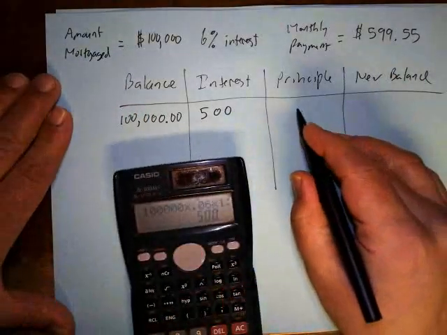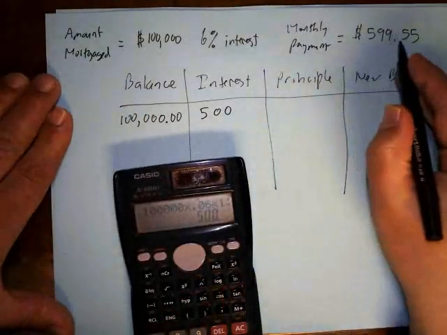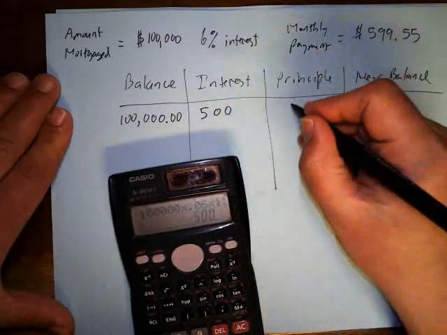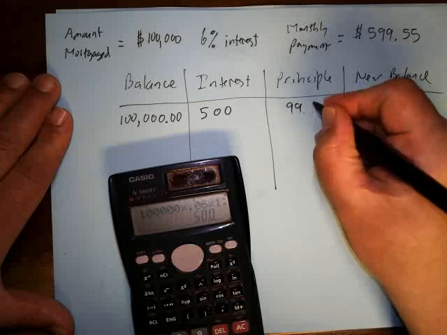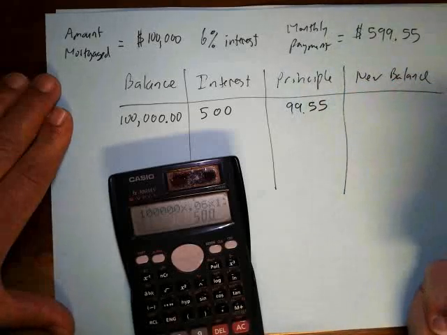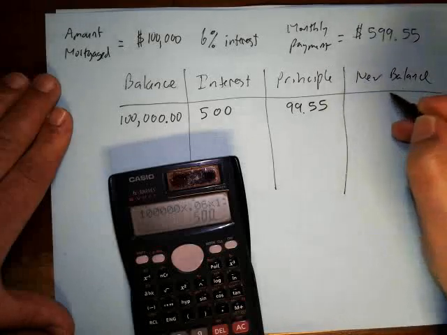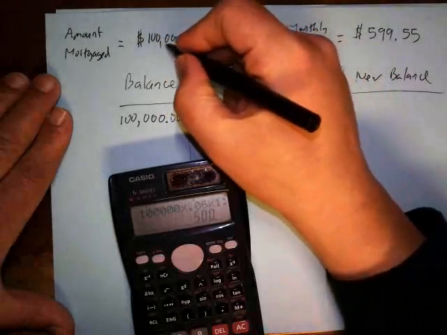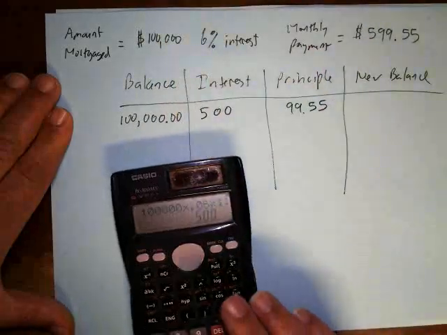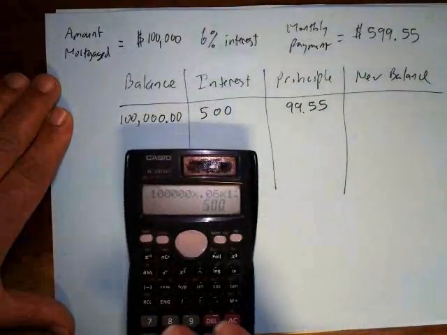Okay, so now the principal here would be this monthly payment minus the interest. So in this case, that would be $99.55. So it would need to be that. And now this new balance is the previous balance, the amount mortgaged, minus this principal.